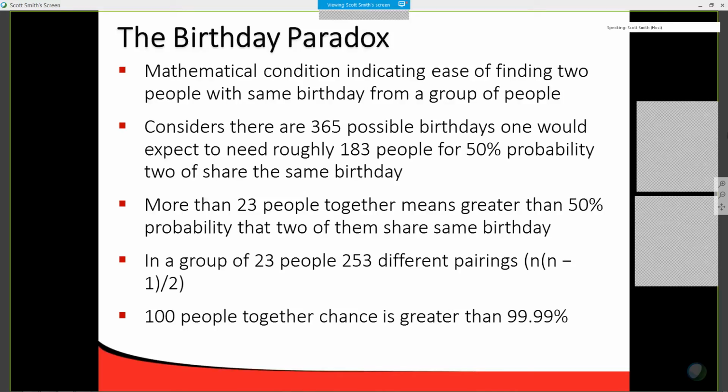And here's the reason why. 23 people is not just comparing 23 days, because you're comparing your birthday with 22 people, and so on for each person.